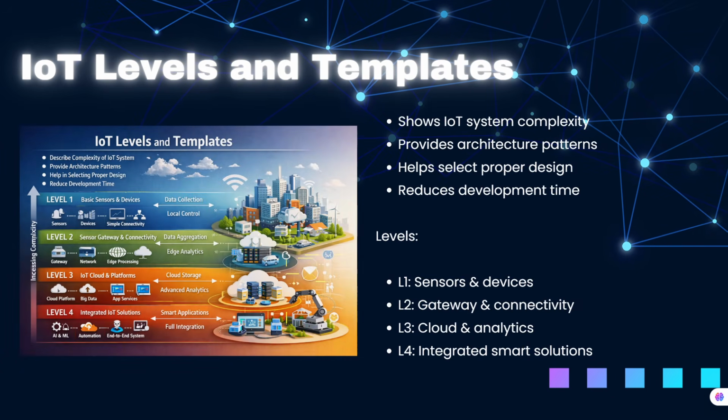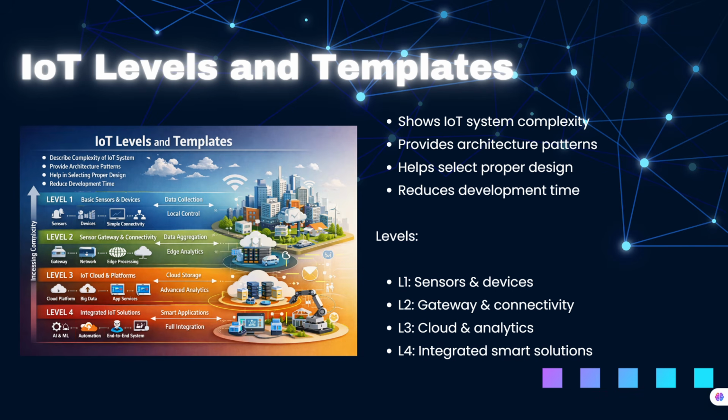Next is IoT levels and templates. This slide shows different levels of IoT system. IoT levels describe how simple or complex an IoT system is. Templates provide standard and ready architecture patterns. Level 1 consists of only device and sensor.